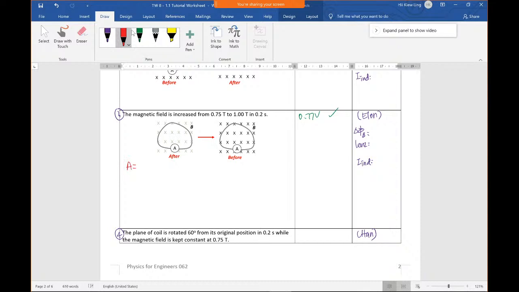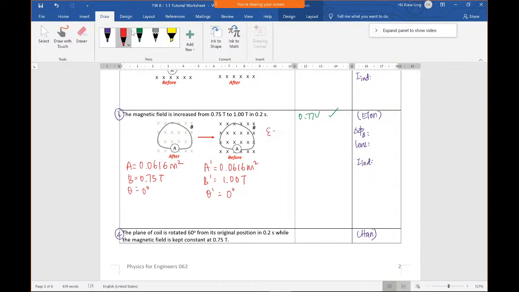The area is the same, 0.0616 meter squared. Magnetic field here is 0.75. So A doesn't change. What changes is B, which has changed to 1 Tesla. Theta still equals 0.